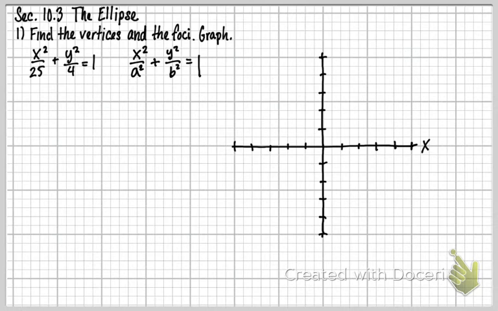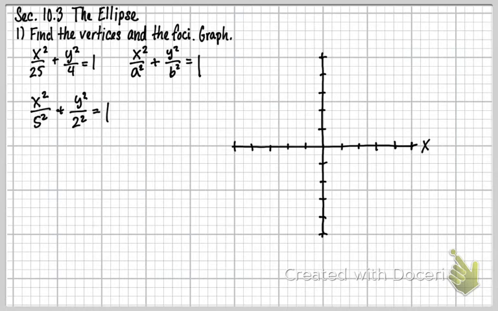So anyways, when I look at this, I'm going to say, hey, this is x squared over 5 squared plus y squared over 2 squared equals 1. Now this is exactly in the same form as the general form for any horizontal ellipse. And I know it's horizontal because the 5 under the x is bigger than the 2 under the y.